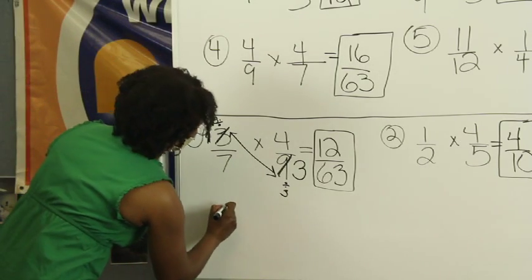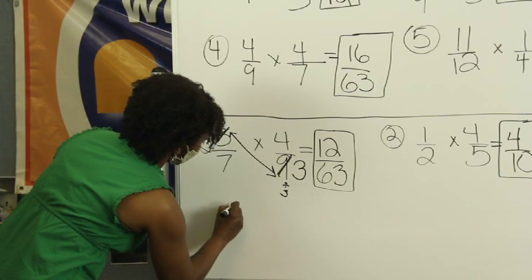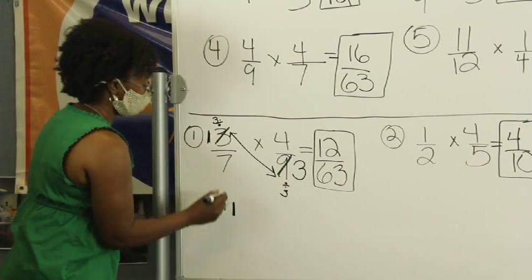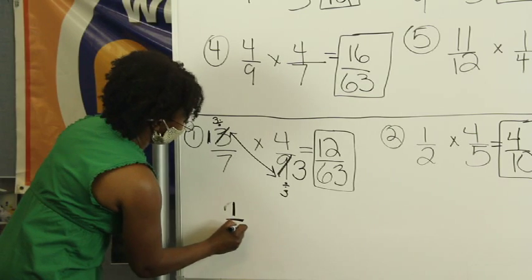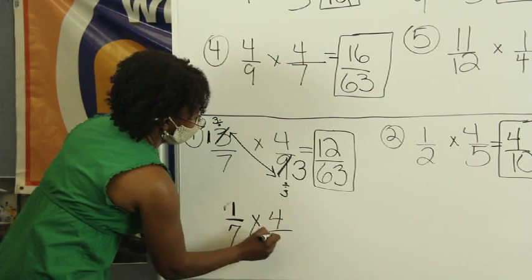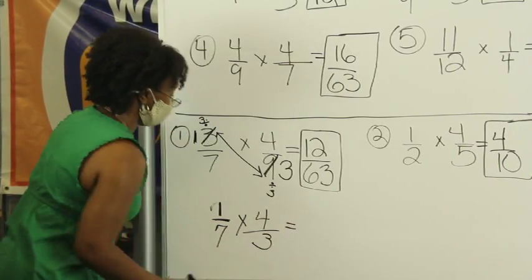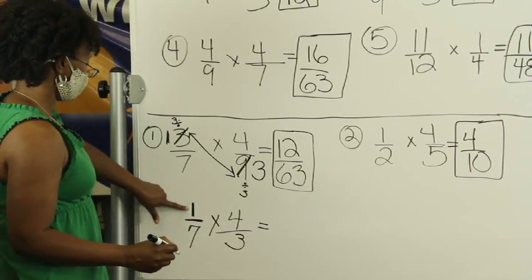So we'll do a clean version of this, which I'm about to mess up. Let's get it right. It's 1 over 7 times 4 over 3. And that looks a lot better, right?